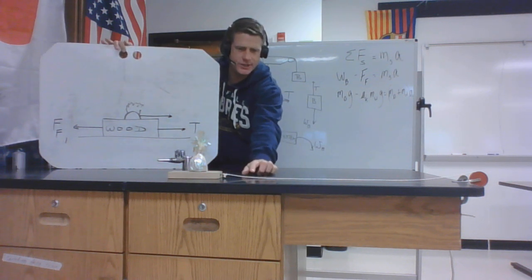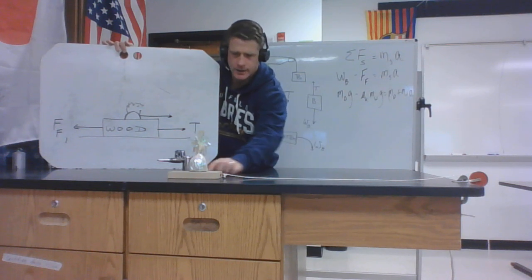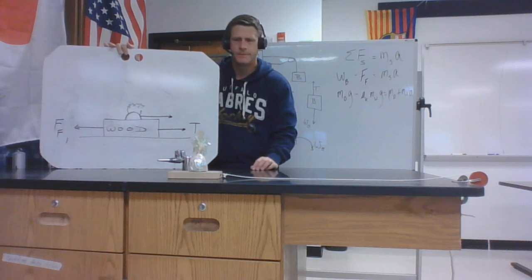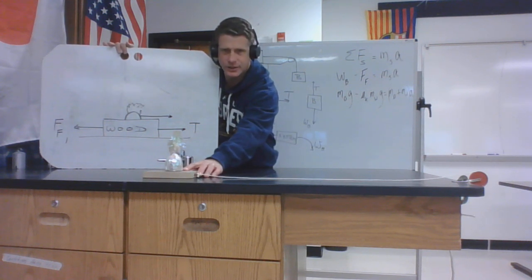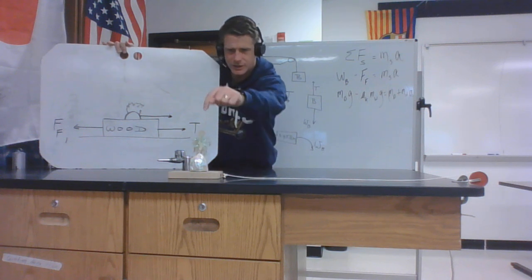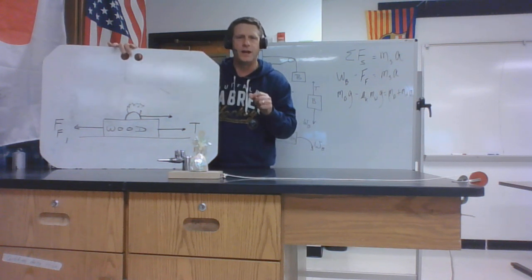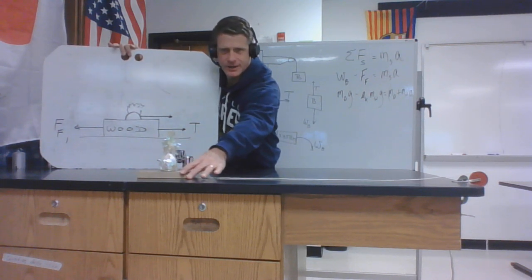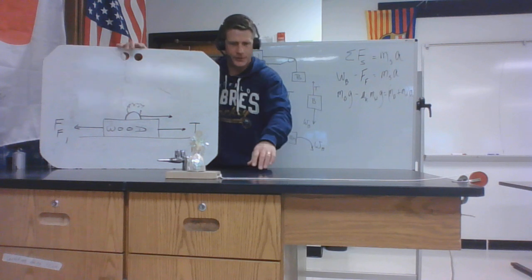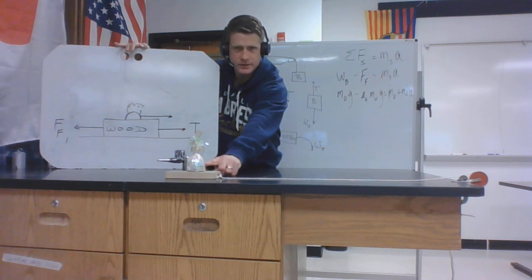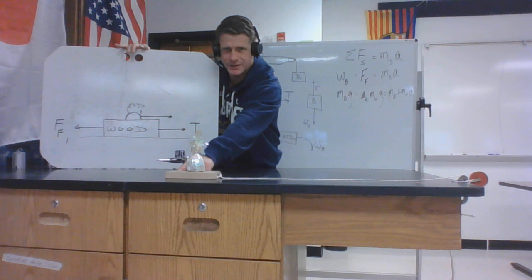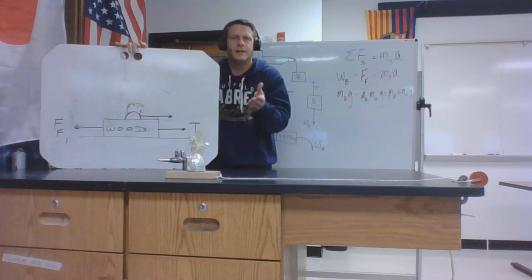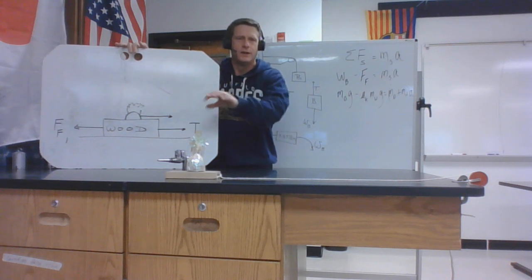The tension in this string pulls this forward, the friction between the table and the wood block pulls this thing backwards, and that causes the block to accelerate this way. Well, guess what else is on top of it? The party favor is on top of it. When the block accelerates, the party favor comes with it. But the string's not pulling on the party favor, and the friction between the table and the block is not acting on the party favor. So what is it that is pulling the party favor in this direction?